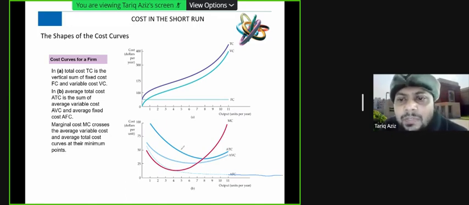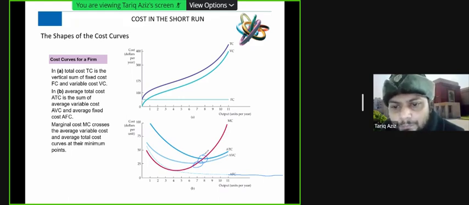And as far as marginal cost and average variable cost are concerned, marginal cost initially will decrease like this. This red one is the marginal cost, and then it will start increasing, and it will cross the average variable cost and average total cost curves at their minimum points.